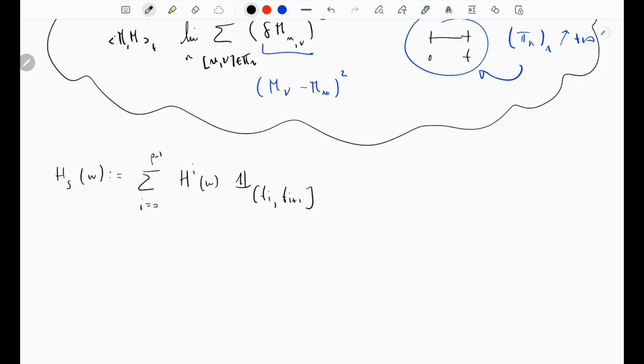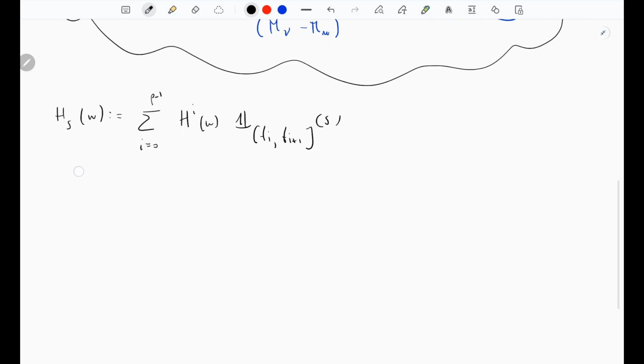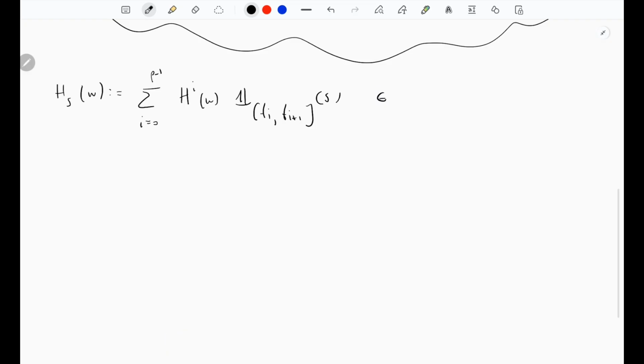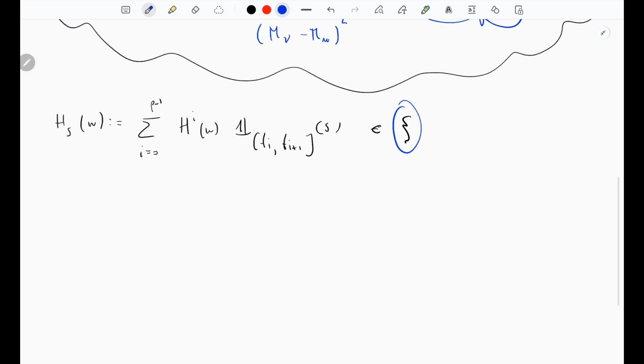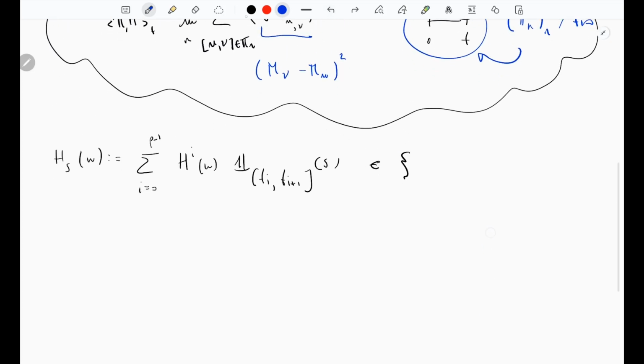And from now on, I'm going to call this the space of elementary processes, and we'll get back to this, because, okay, I'll just spoil it for you guys. This is a subspace of L2(M). So with that information, you already know where we're going.